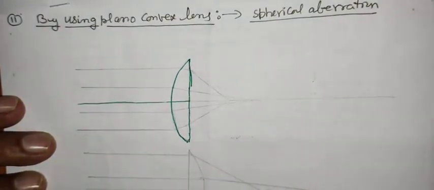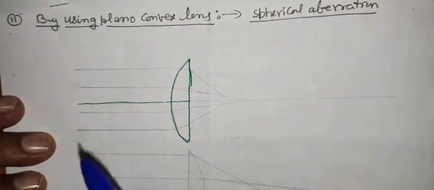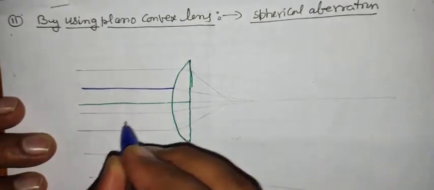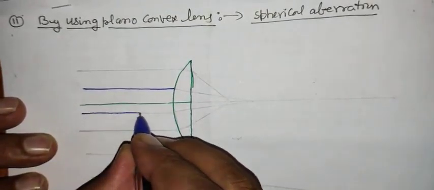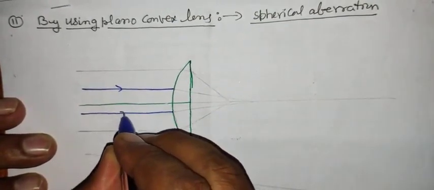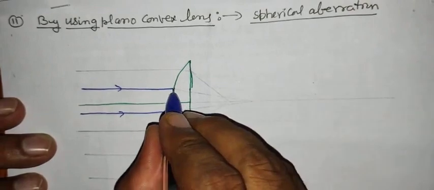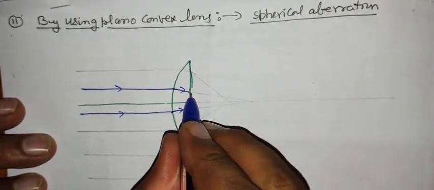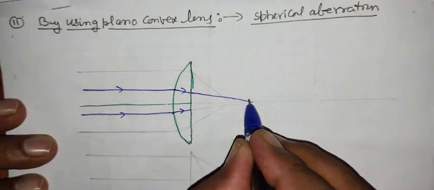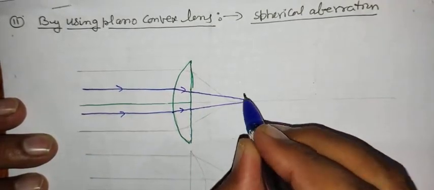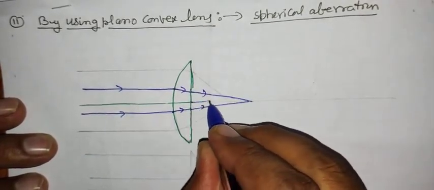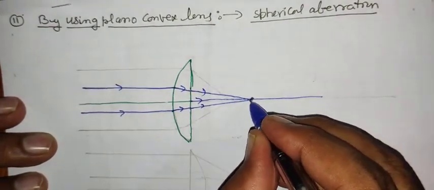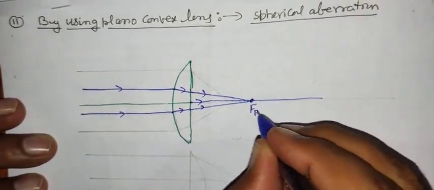In this lens, we first take paraxial rays. See the paraxial rays here, refracted from the first surface and finally condensing here. This is at the point FP.